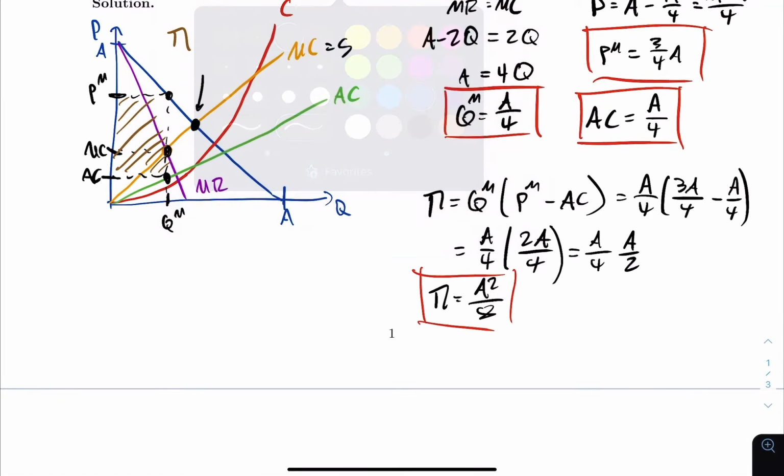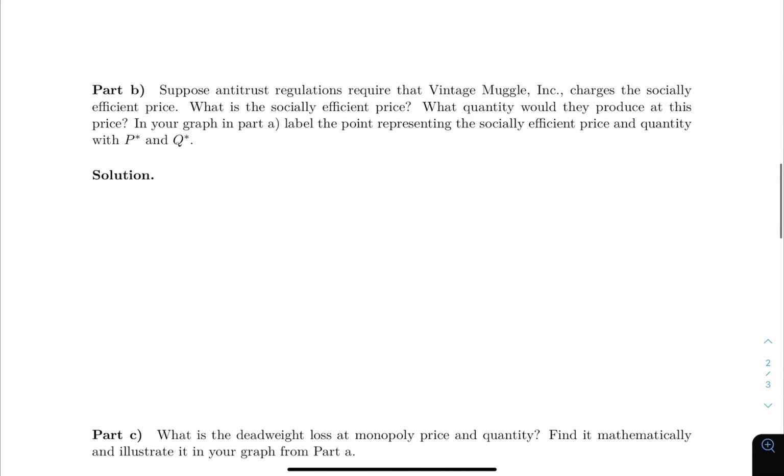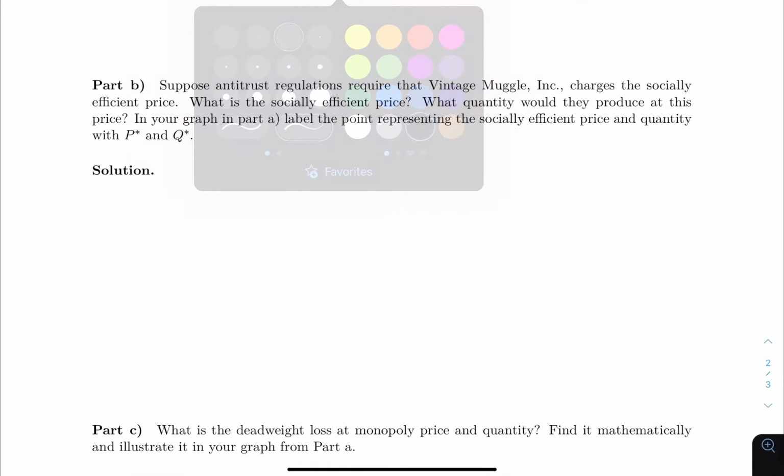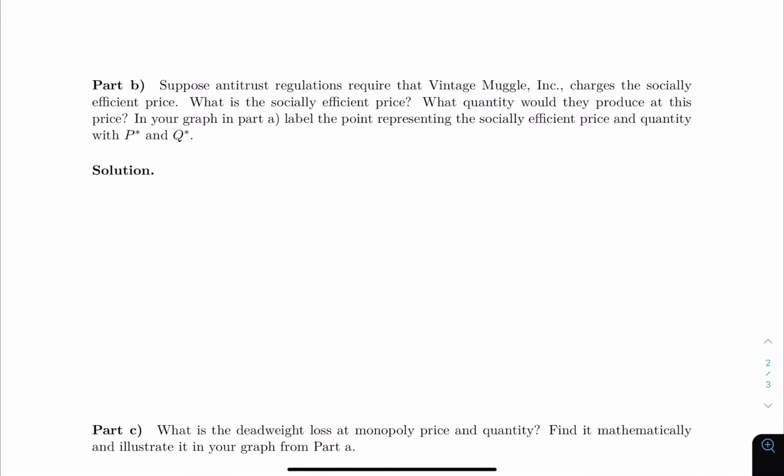Let's write demand here. To find the socially efficient price, we need to find where demand is equal to marginal cost.